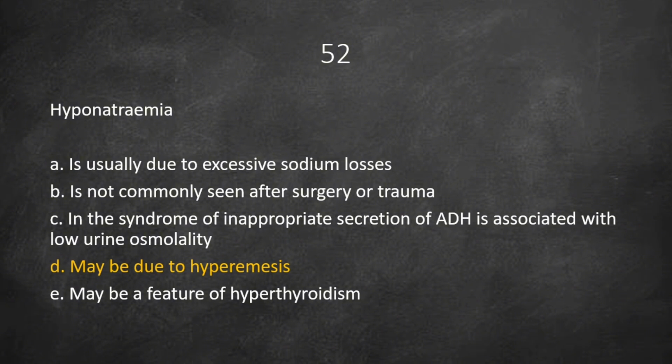Okay, then if you look at option D, maybe due to hyperemesis, this is correct, so that is the answer we are choosing, because hyperemesis can lead to hyponatremia due to the loss of sodium through the vomiting and potential volume contraction, leading to dilutional hyponatremia. So that is acceptable. And if you look at option E, maybe a feature of hyperthyroidism.